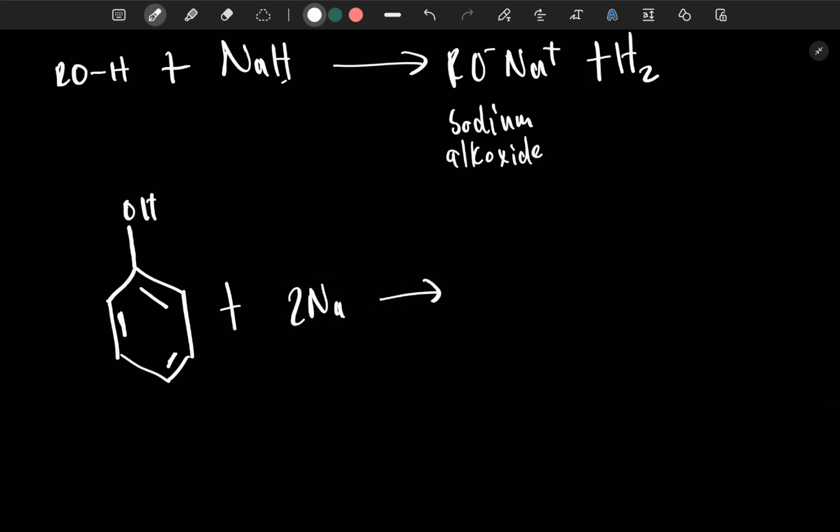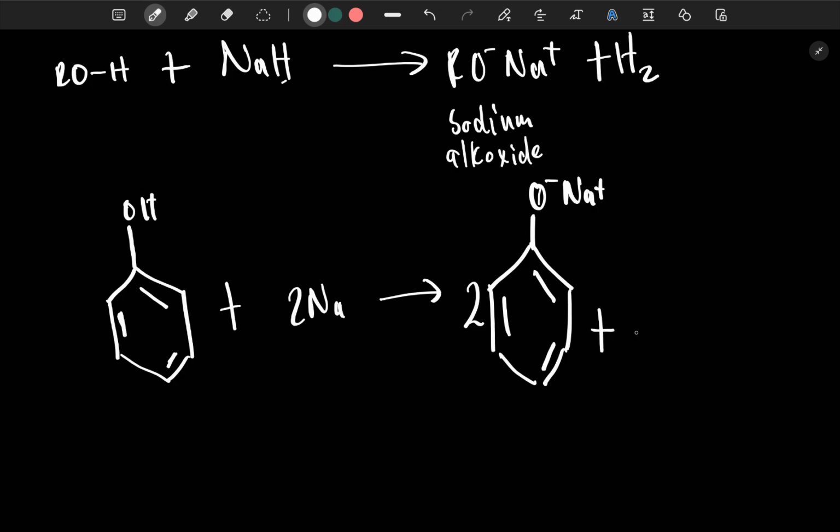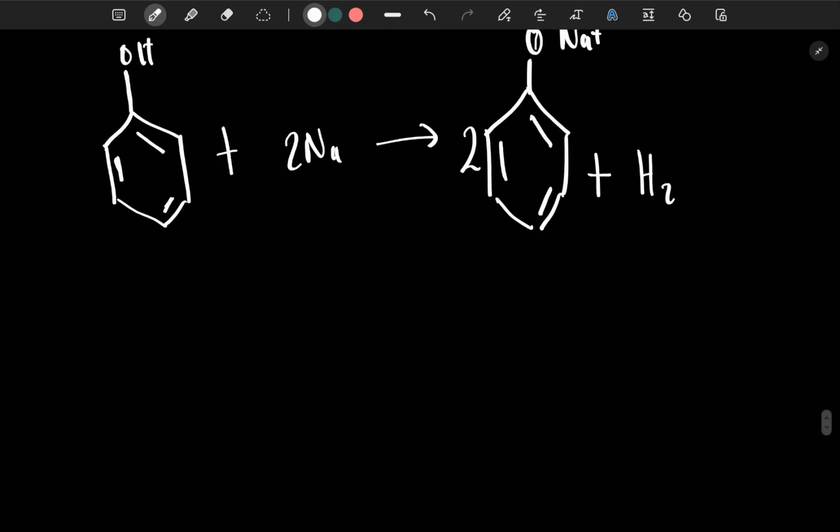Then this just becomes a salt plus hydrogen. So I will get 2 moles of this guy. And here I have a salt. So it becomes O minus, then Na plus. Then what would it have? Hydrogen, H2.